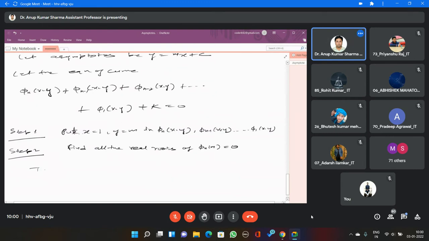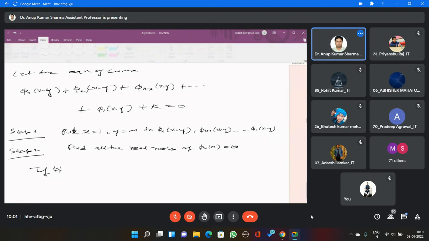So what happens in this case? It may have some repeated roots and non-repeated roots, and according to that we are going to write step number 3.